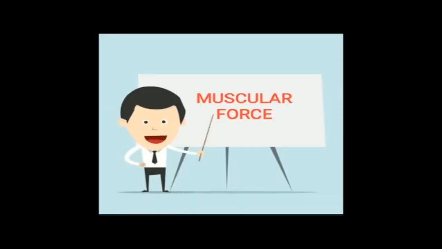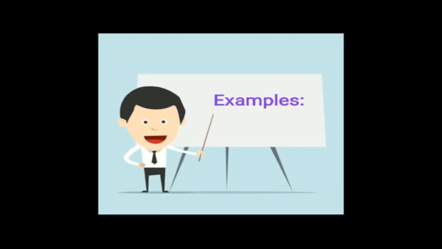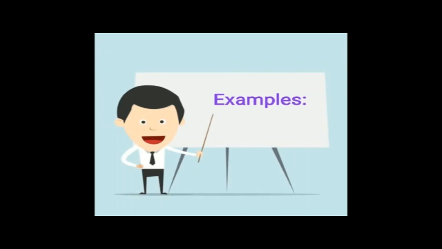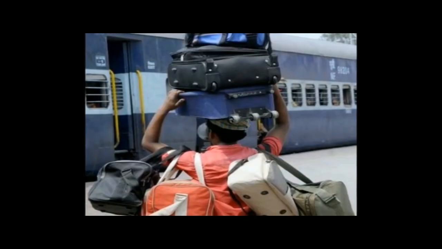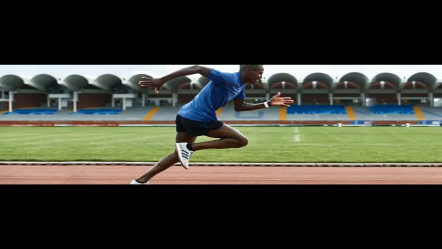Muscular force is a contact force. Examples: animals like bullocks and horses need muscular force for pulling carts and carrying heavy weights. Coolies use muscular force to lift luggage. Athletes use muscular force for running.